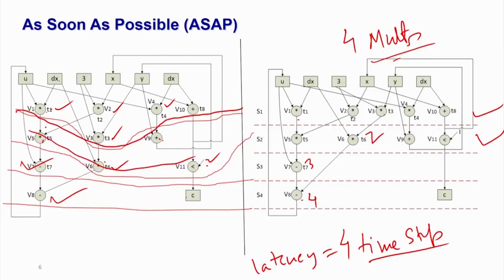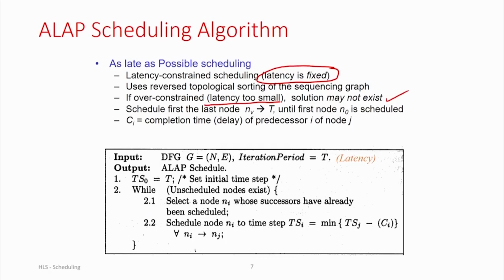For example, for this example, I understand at least 4 time steps are required, but if I ask you to schedule this in 3 time steps, this is not feasible, assuming that every multiplier is a one cycle operation. So, if you apply the as late as possible algorithm, the solution may not exist if you give a very small latency bound, right.